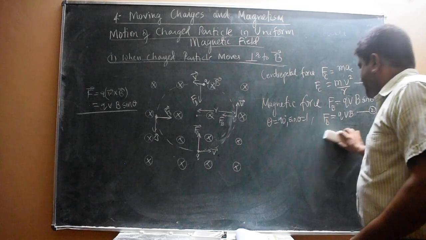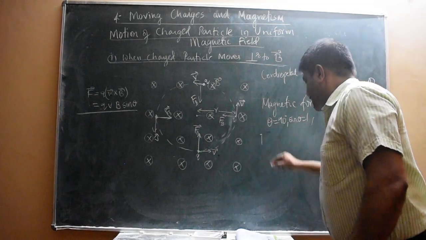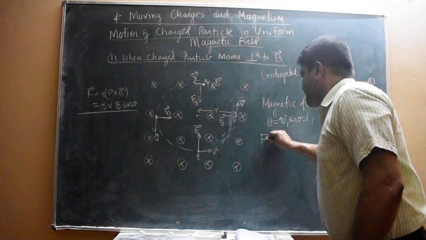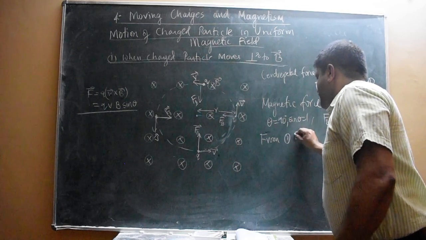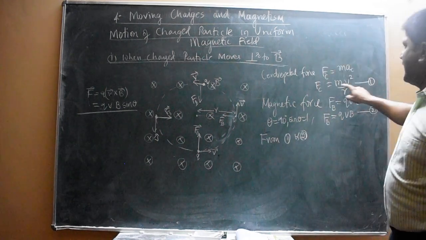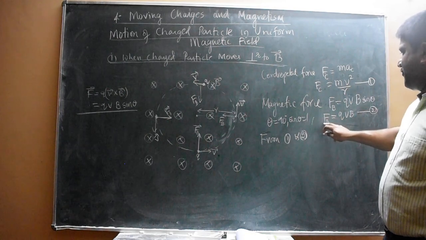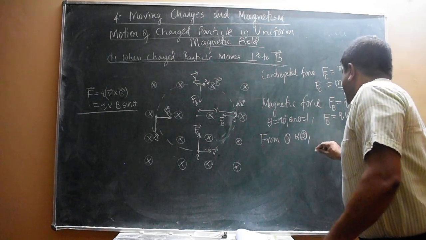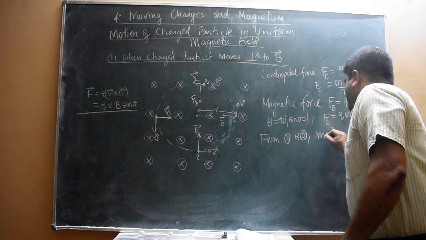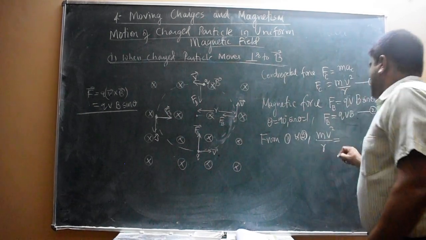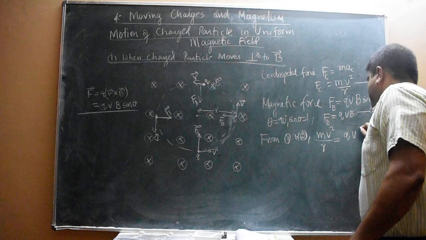Therefore, from equations 1 and 2, equation 1 is the centripetal force mv square by r, equation 2 is F_b equal to QVB. So mv square by r equal to qvb.